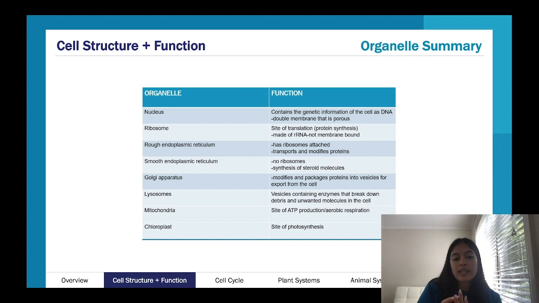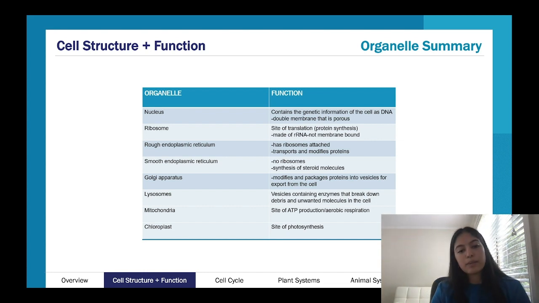Bear in mind as well that the details of these have been removed from the study design. You do need to know them in year 12 though. They are really important. So there's no harm in learning about them, but just be aware that you shouldn't be tested on them in such detail as you may have been based on the previous study design. Okay, hopefully that makes sense.